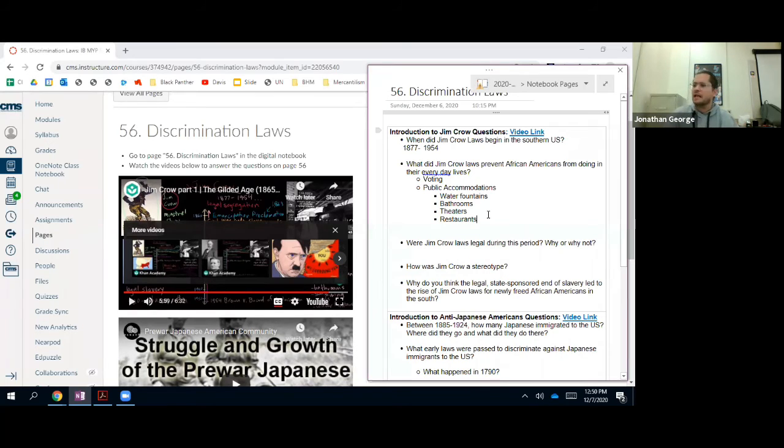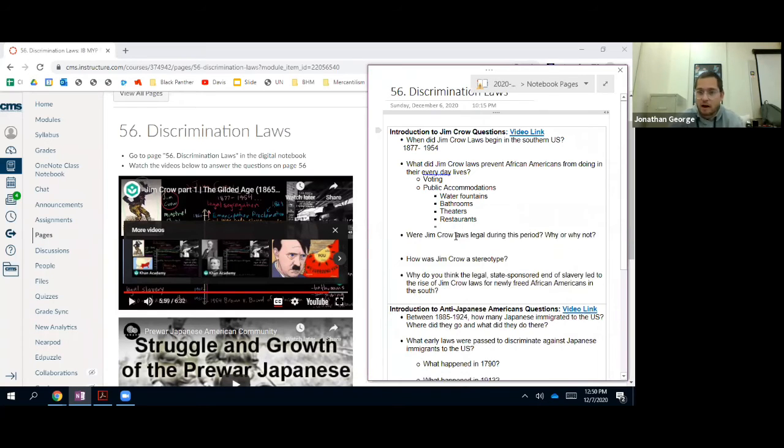Everything was separated. Now, were these laws legal during this time? Yeah, they were completely legal. It doesn't mean they were right, but they were legal at this time. And why were they legal? What made these laws legal? What makes a law legal? Yeah, we're not necessarily getting into why, but the government created these laws.